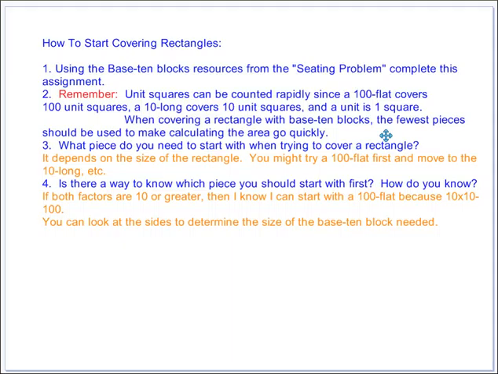Like I said, if both factors are 10 or greater, that means your length and your width are greater than 10. Then you know that you can start with a 100 flat, because 10 times 10 is 100. So you have at least 100 squares to fill in. Just look at the sides to determine the size of the base 10 blocks that you're going to start with, okay? So the more we play with this, the more it's going to make sense, really.